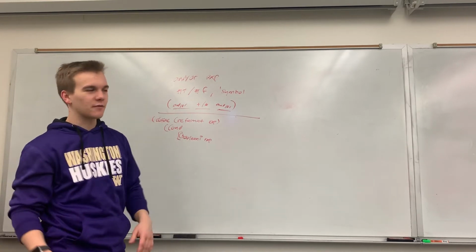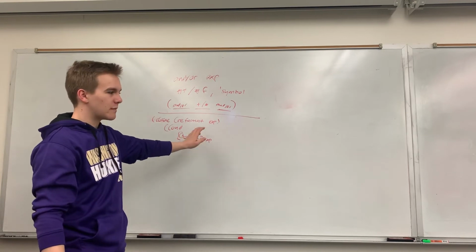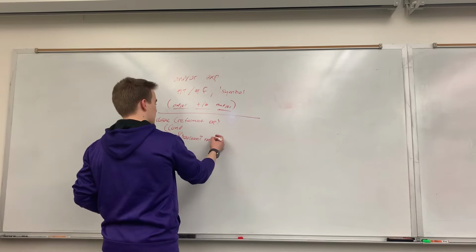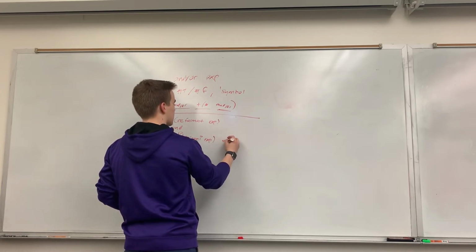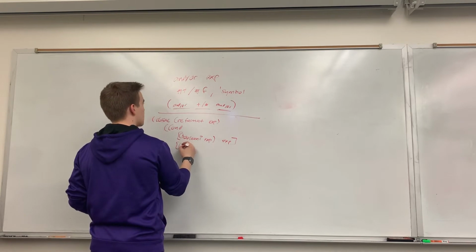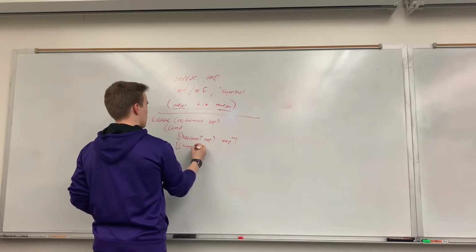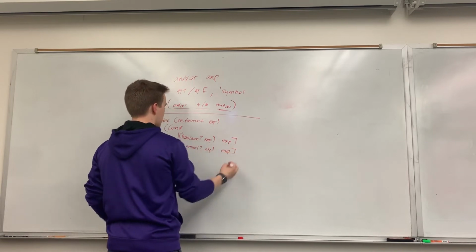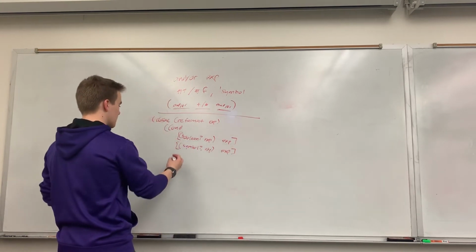If I really wanted to be careful, I could say equal to pound true or pound false. I'm not going to do that. But Boolean expression, and just return expression. If it's a symbol, just return that symbol. I can combine these into one. There are lots of different ways to write this.